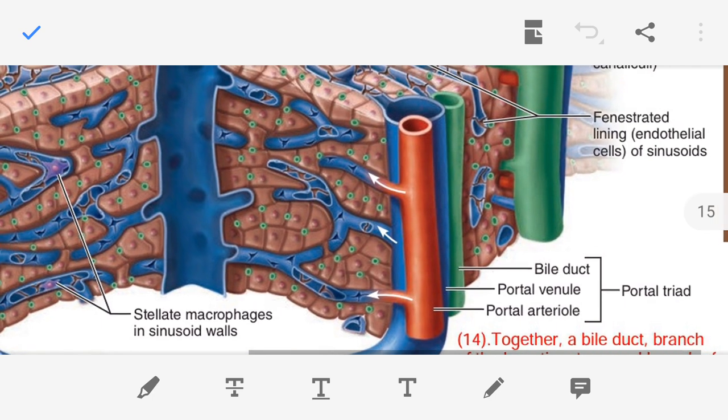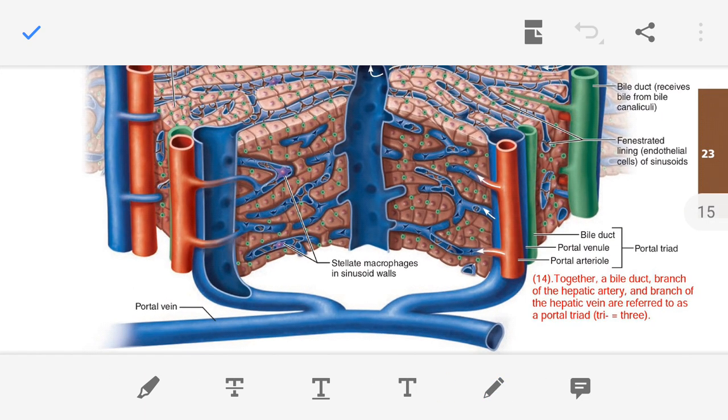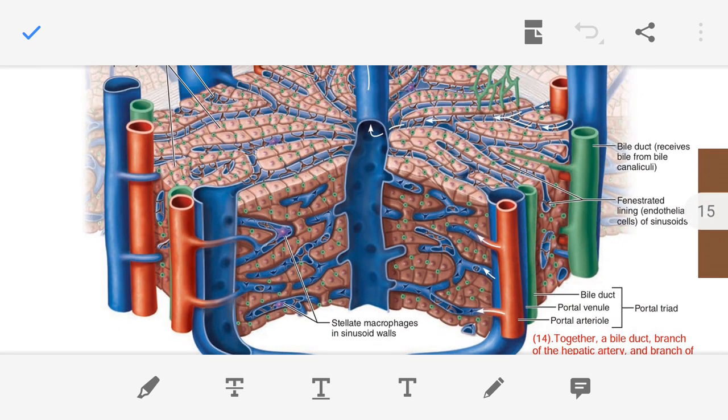And as you can see, the portal triad, this portal arteriole with this white color arrow, and portal venule, they are pouring the blood in this hepatic sinusoid. So blood is poured by portal venule and portal arteriole into the hepatic sinusoids. Okay. So this is point number 14, and this was the last point.